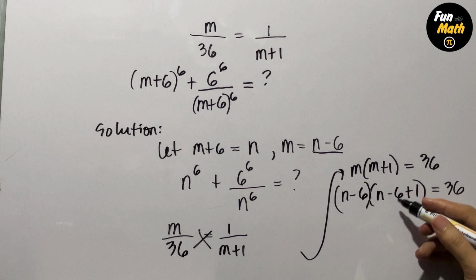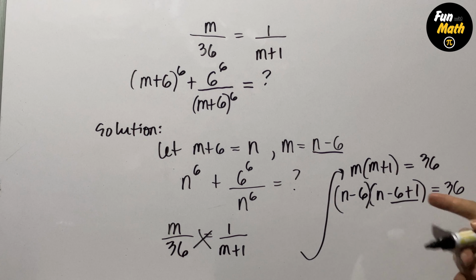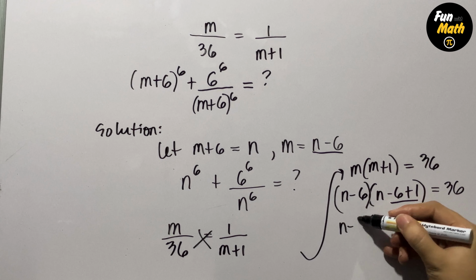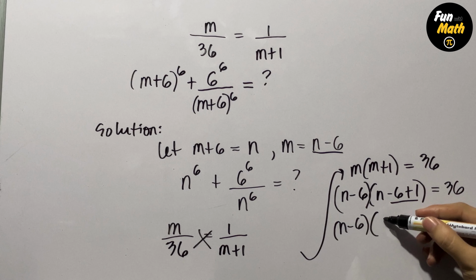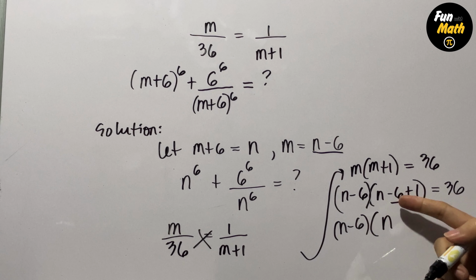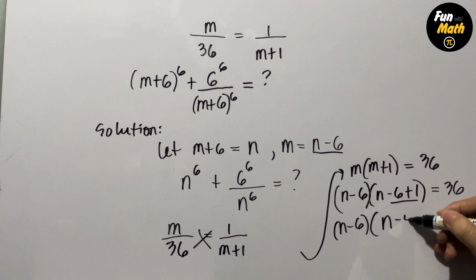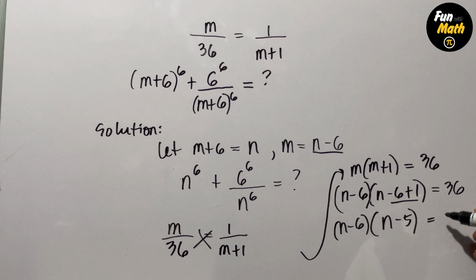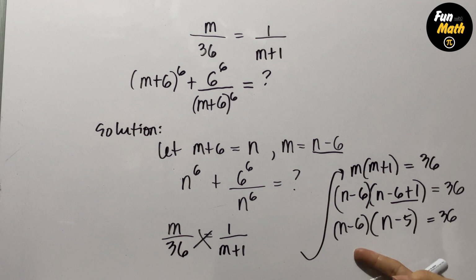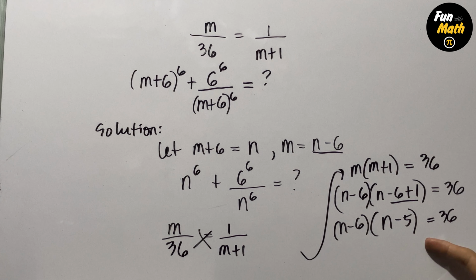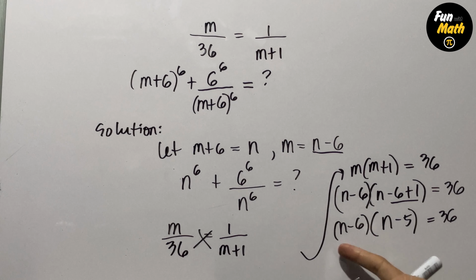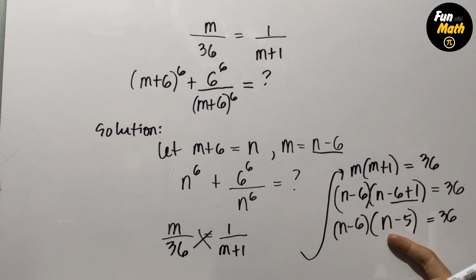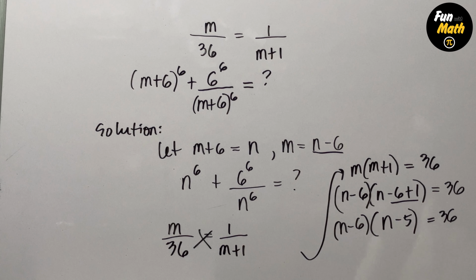The next is, we can combine like terms. So this is now n minus 6 times n minus 6 plus 1, that is negative 5, equals 36. So we have n minus 6 times n minus 5 is equal to 36. Now we can multiply using the FOIL method, which stands for first, outer, inner, and last.